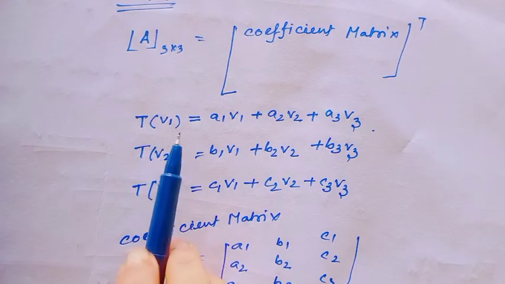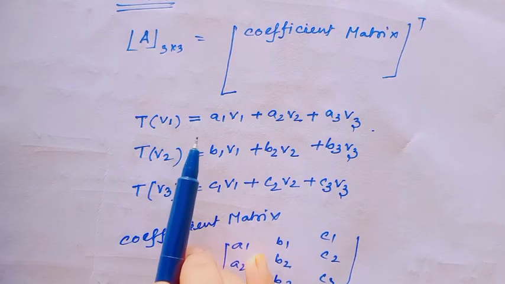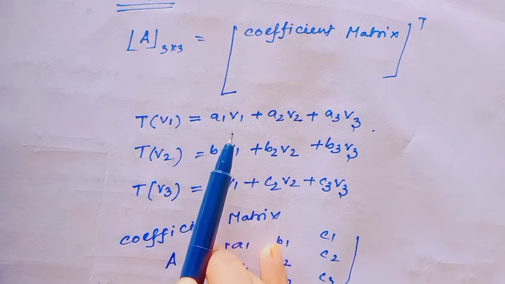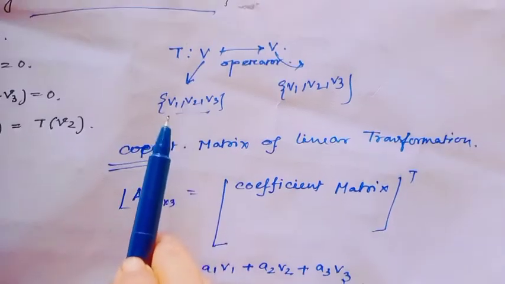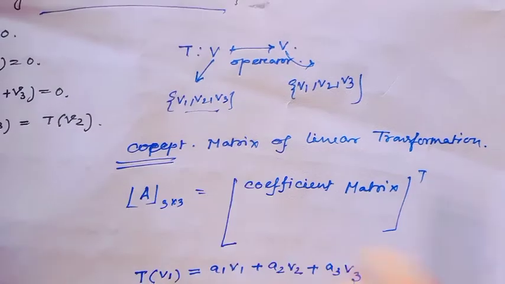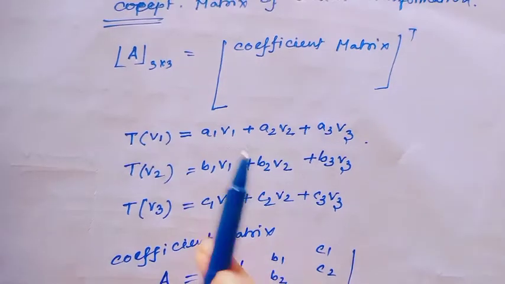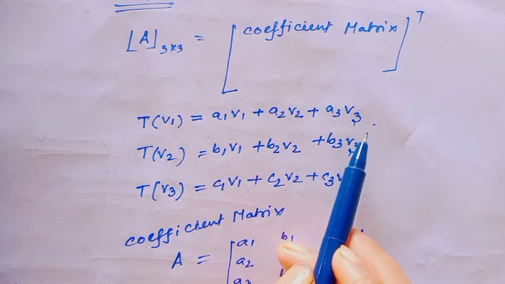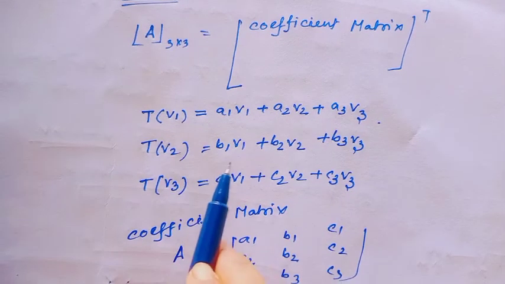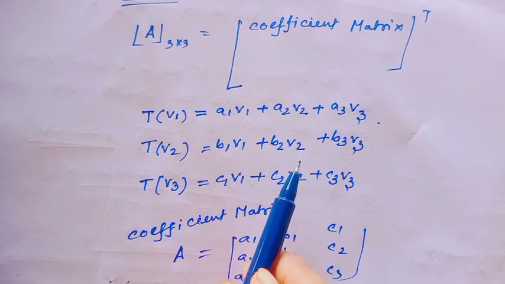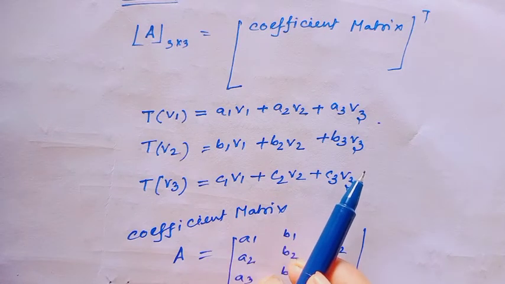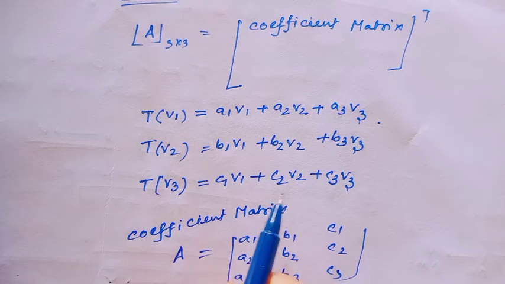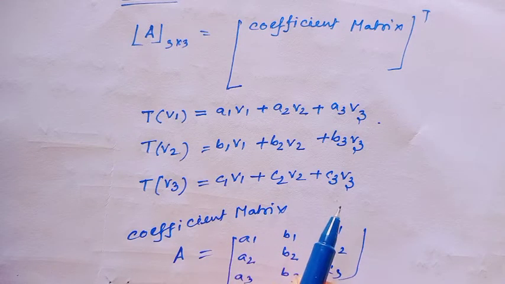In my earlier video I showed that T(v1) would be of the type a1 v1 plus a2 v2 plus a3 v3, T(v2) would be b1 v1 plus b2 v2 plus b3 v3, and T(v3) would be c1 v1 plus c2 v2 plus c3 v3.